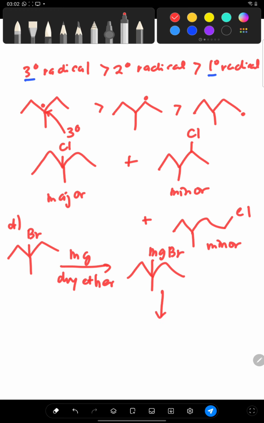After that you add water in the reaction. So at the end of the reaction, the bond will break here, so it will be MgOHBr. Okay.